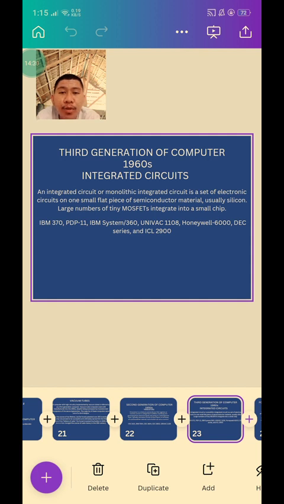Third generation of a computer in the 1960s. Integrated circuits. A monolithic integrated circuit is a set of electronic circuits on a small piece of semiconductor material, usually silicon, consisting of a large number of tiny MOSFETs integrated into a small chip.